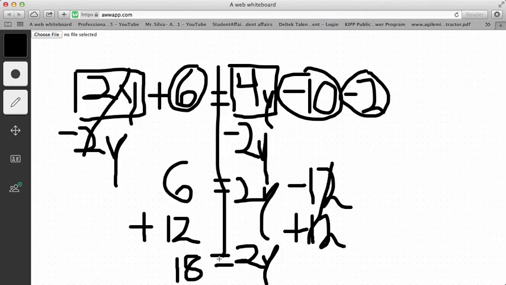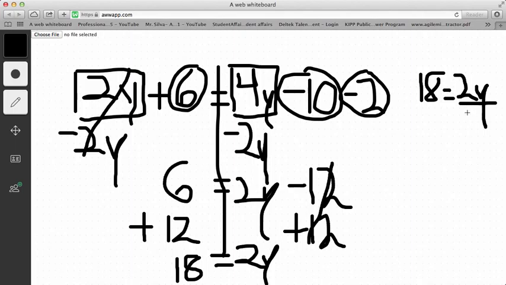So now I am left with a one-step equation. I have 18 is equal to 2y, and my 2 next to my variable tells me that I have to multiply, so again I have to perform the inverse operation to isolate the variable.